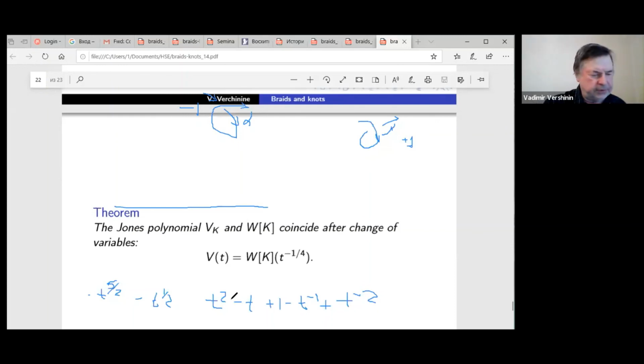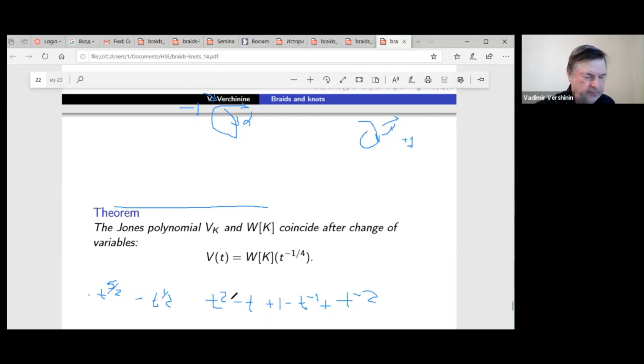So this is what we saw in our exercises when we were considering how to move the figure 8 knot to its mirror image.